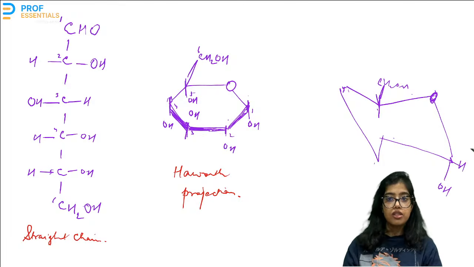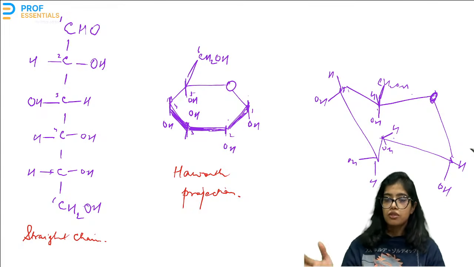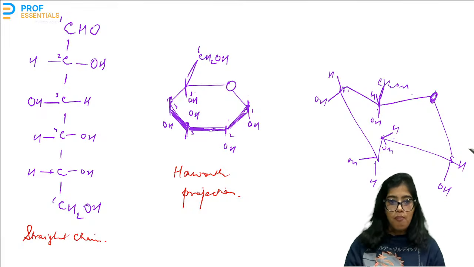So H and OH, this is the first one. This is the second one. Again, you draw H and OH like this. The third one, which is different, the OH will go on the other side. Now here again, H and OH. Here again, H and OH. So this is the chair projection.